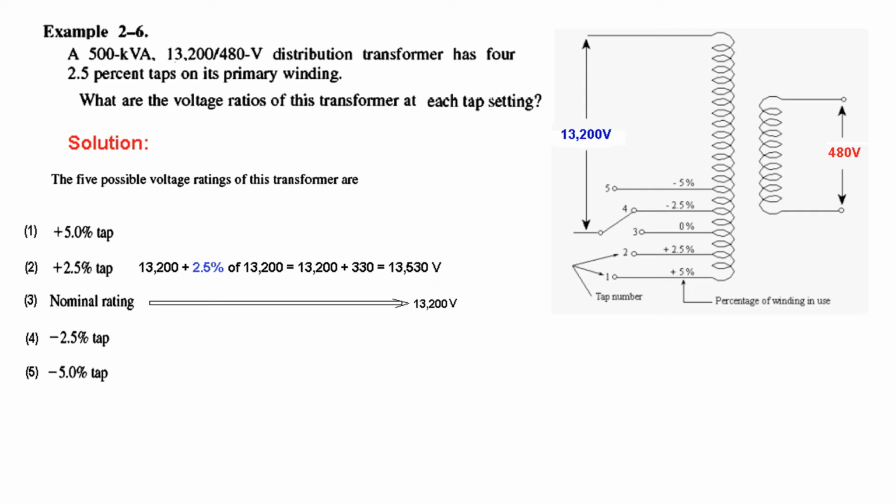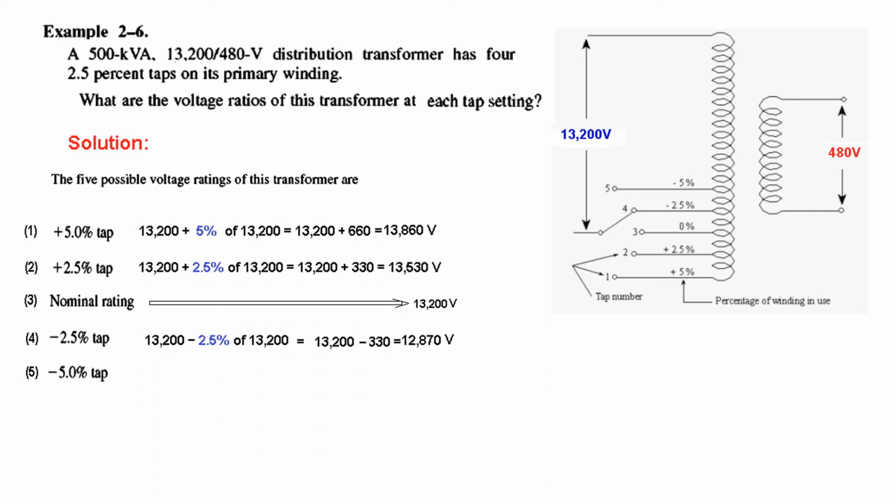So the total input voltage now will be 13530 instead of 13200. Similarly, if you go to the negative side, we subtract the same value, 330, so it will be 12870, and exactly the same way we can calculate for plus 5% and minus 5%.